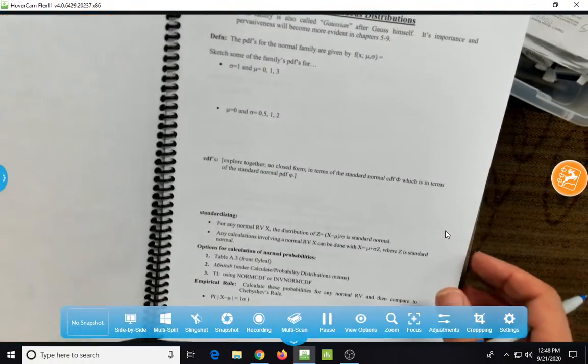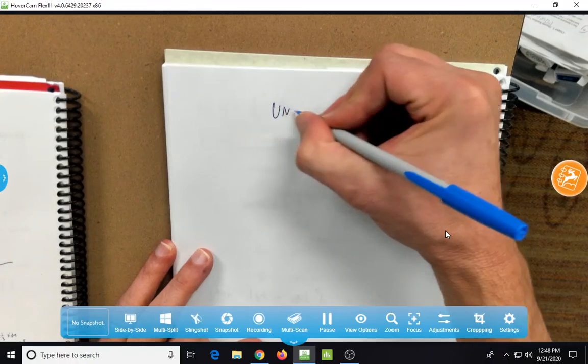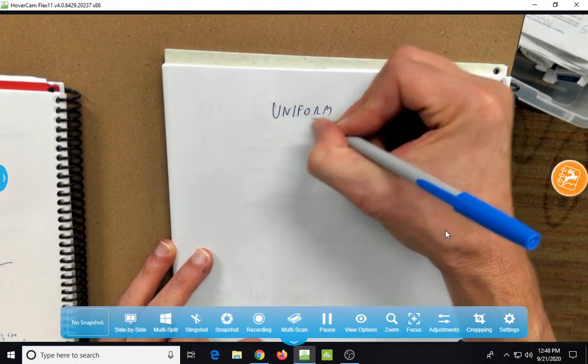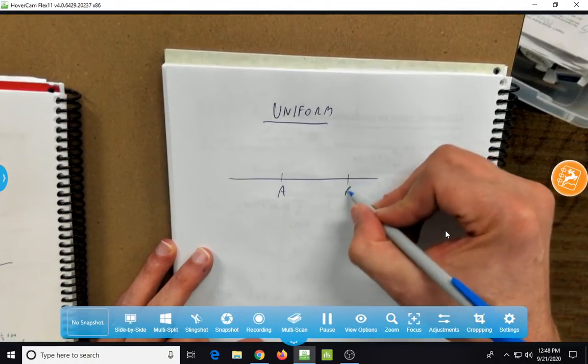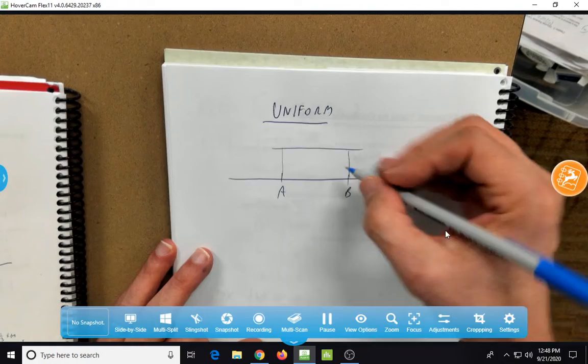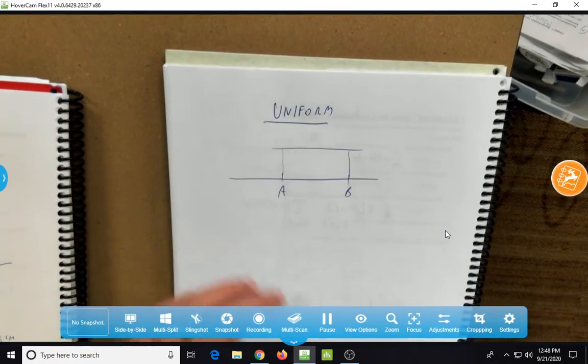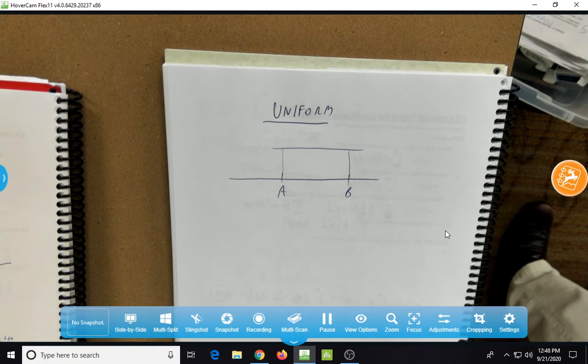One last thing, and that's the uniform distribution. Suppose I go from capital A to capital B, and this is a line. What do you suppose the height is going to have to be for this to be a probability distribution function? If I have a rectangle, what's the width down here?